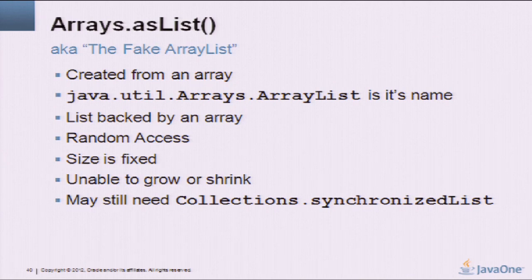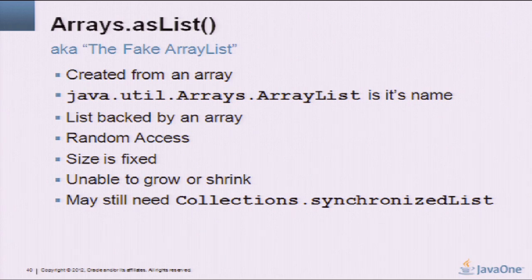The most noticeable of those is the fact that its size is fixed. There's no way to shrink or grow it. The array that backs an Arrays list can't be structurally modified, neither shrunk nor grown.